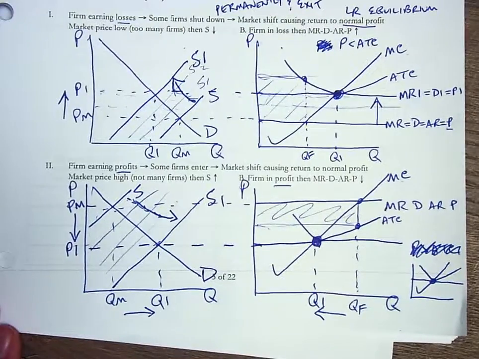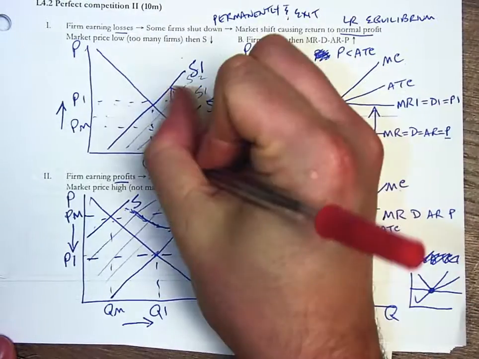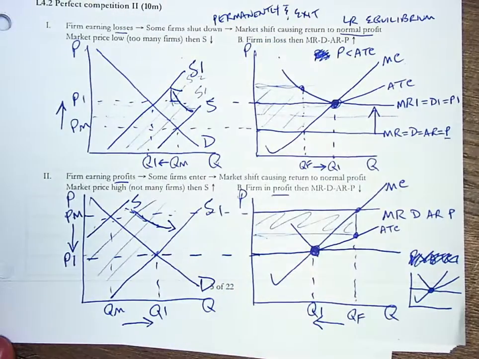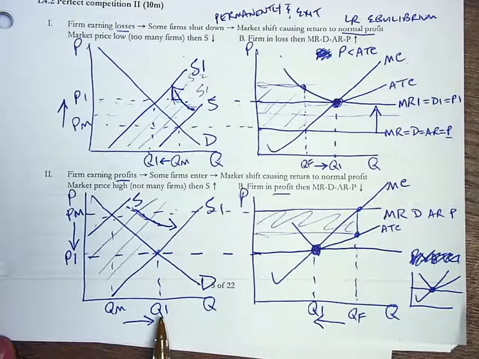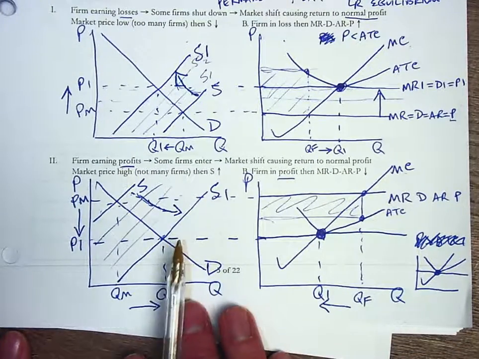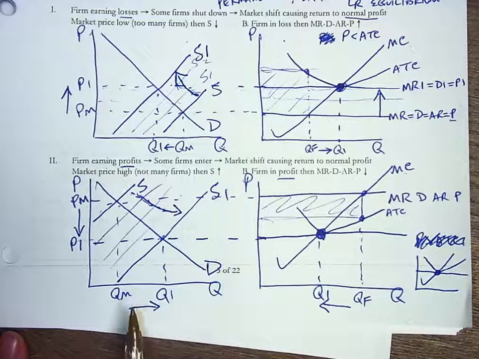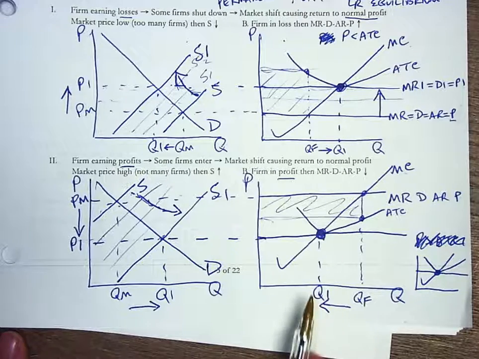One thing that students have often observed over the years that they sometimes have trouble with: if we look here, the quantity increases here and the quantity decreases here. It's a little bit counterintuitive, right? The quantity this firm is selling is lower, but somehow in the market it's larger. So think about how, as more firms are entering, there's overall more product being sold. But in a particular firm's store, there's going to be fewer transactions.